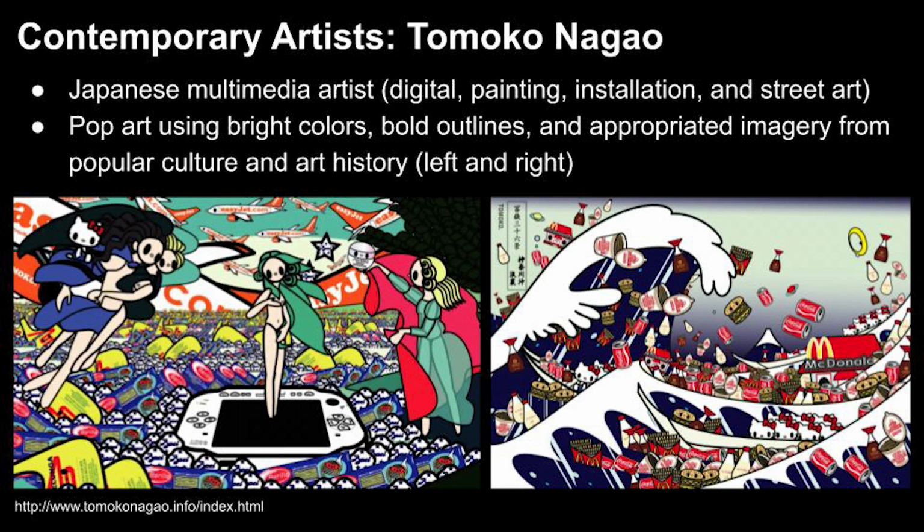And then on the right, we've got The Great Wave by Hokusai, but with all of this pop culture of fast food and ramen and McDonald's and Hello Kitty. And just very much thinking about consumerism and the visual elements of consumerism that we're all constantly surrounded by, and how these have taken over our visual culture.